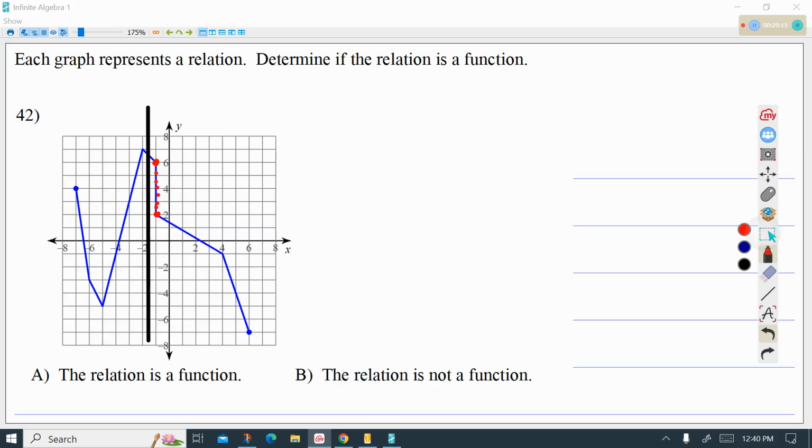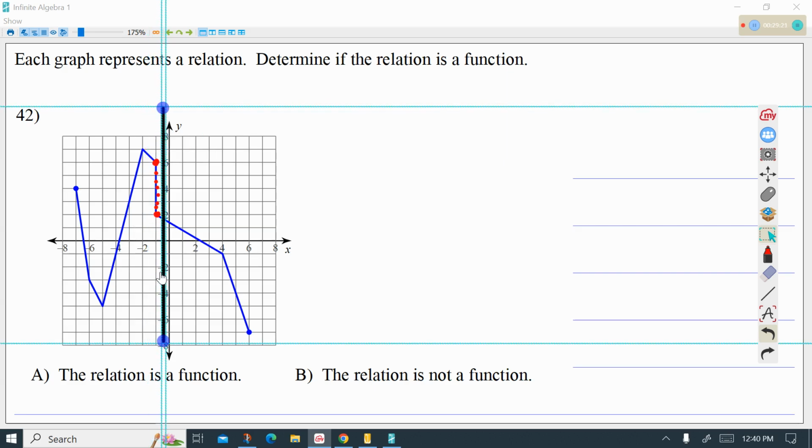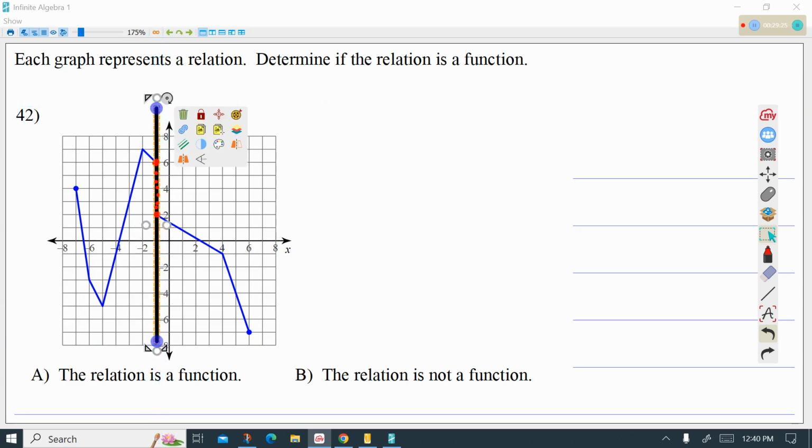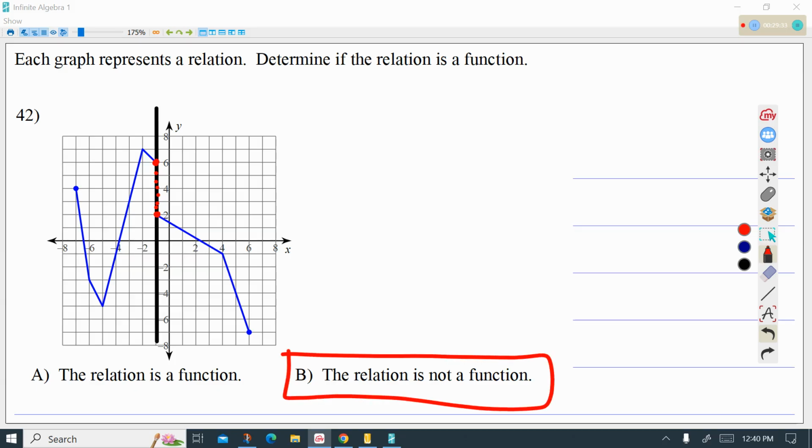So now when I put this line and move it over, look what's going to happen. Where does it cross? It crosses right here, right? It crosses the blue line in all of those points. It's like an infinite amount of points in that little section, right? So this is not a function. Again, it can't cross in more than one, and that's definitely more than one.